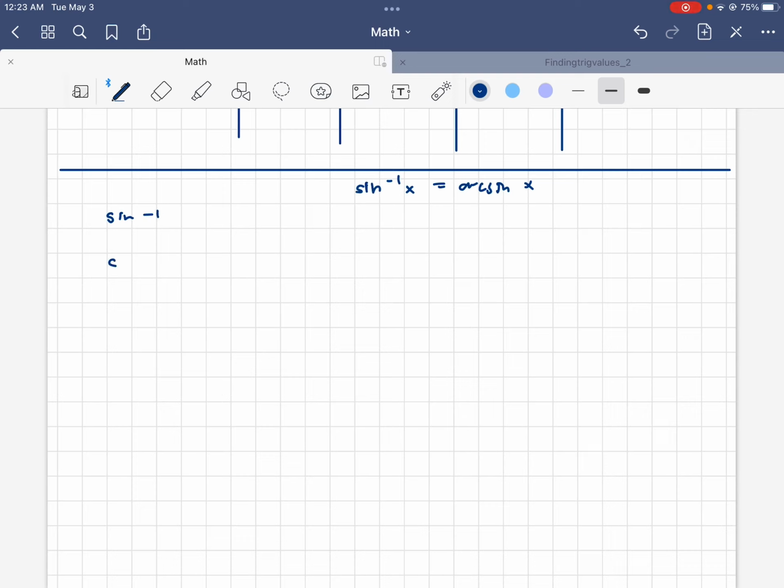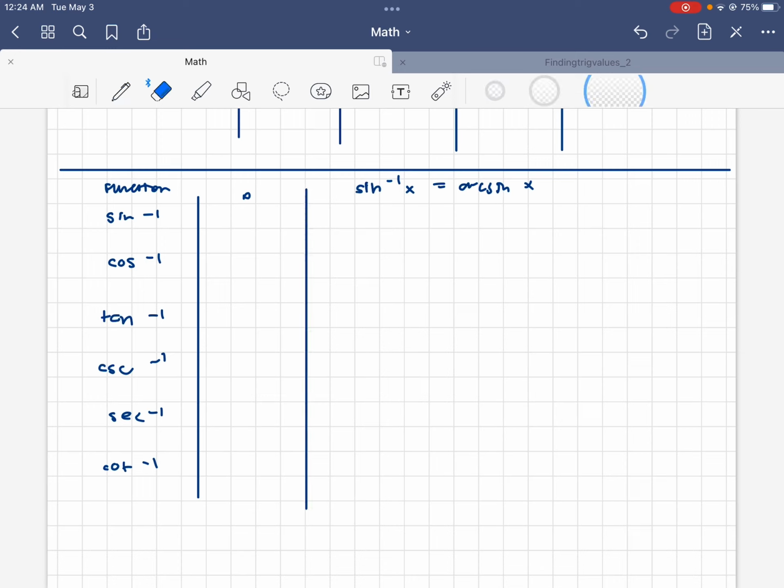So you have sine inverse, cosine inverse, tan inverse, cosecant inverse, secant inverse, cotangent inverse. And then let's say domain, then range.